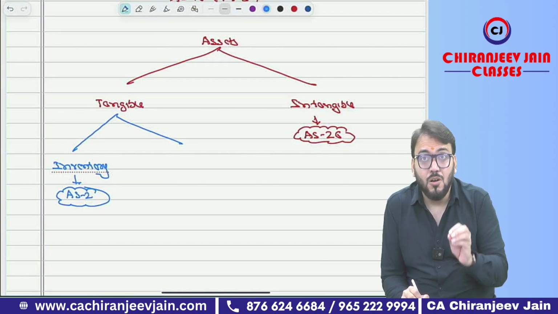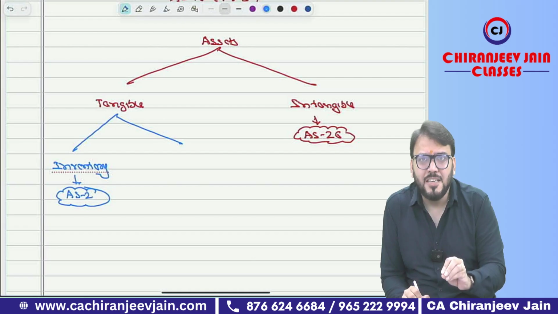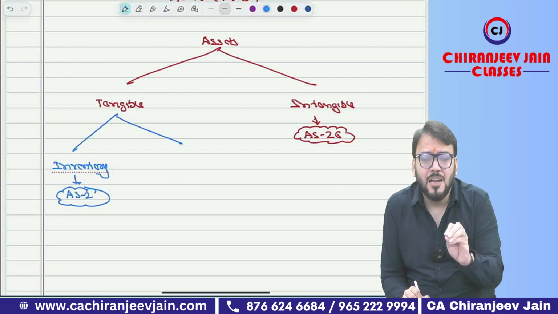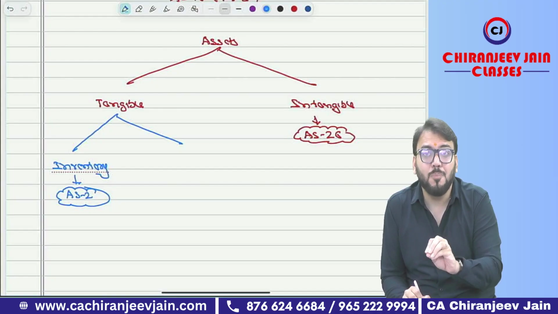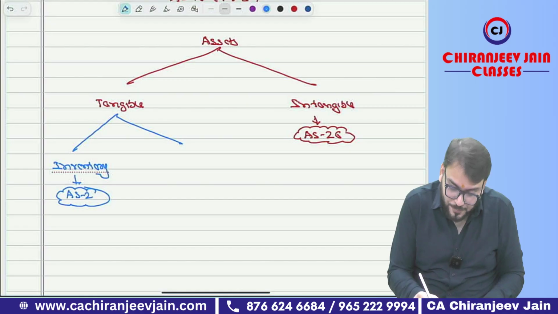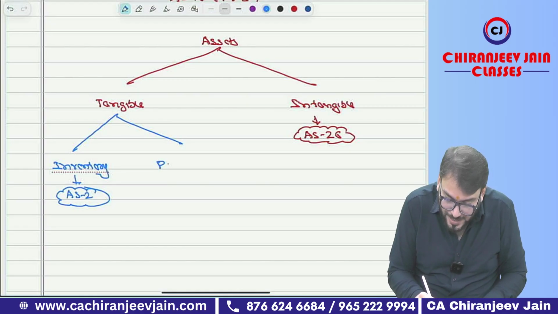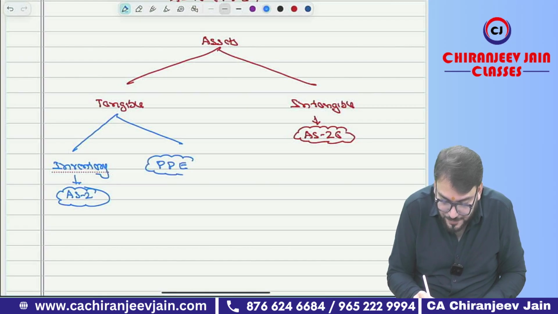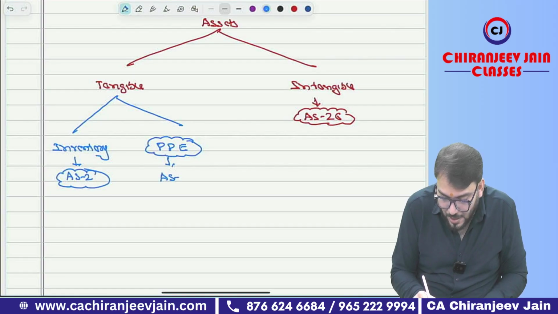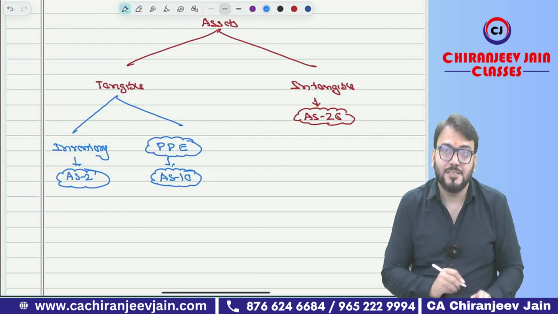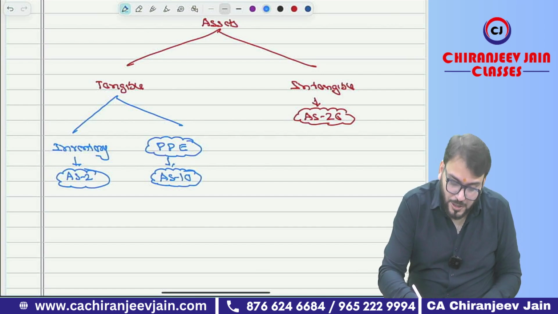Can we say property, plant, and equipment are all tangible assets? No, we can't say all tangible assets are property, plant, and equipment. There are many tangible assets which are property, plant, and equipment, and these are covered under AS 10. Got this point?